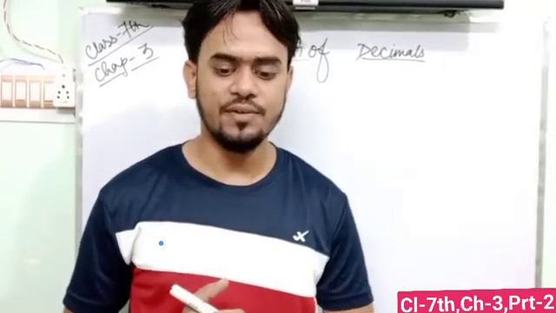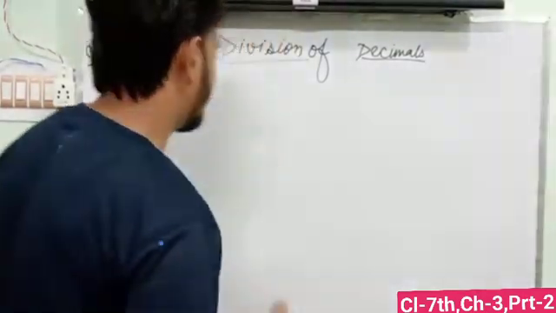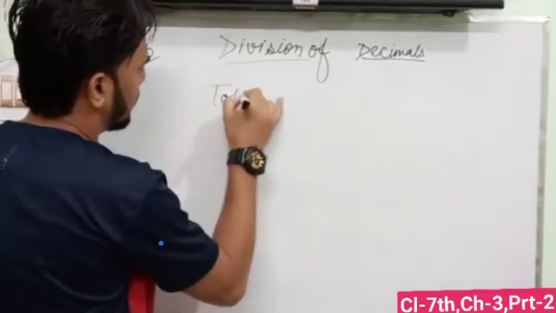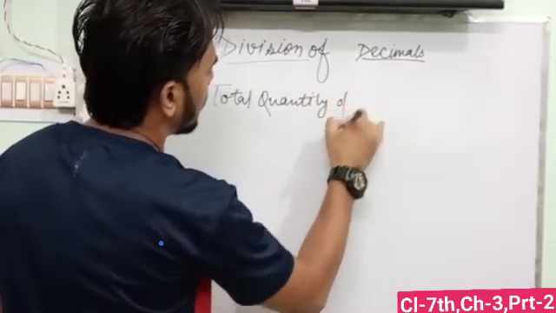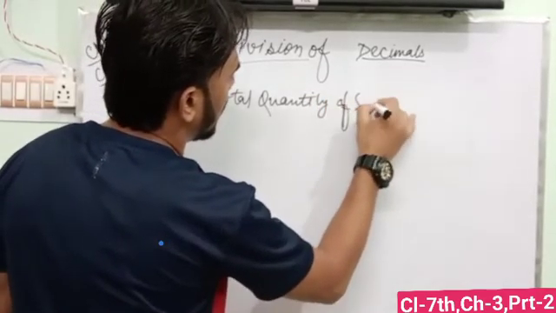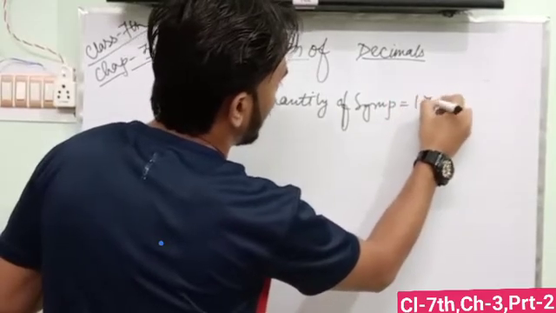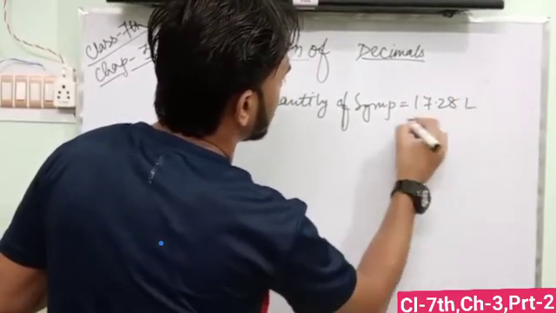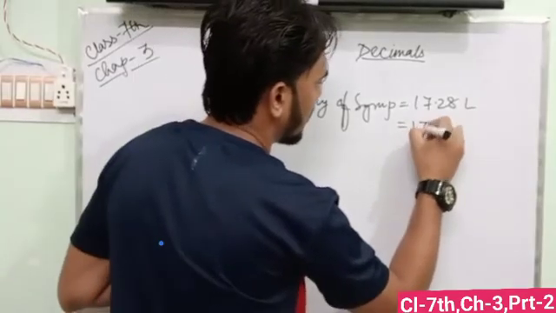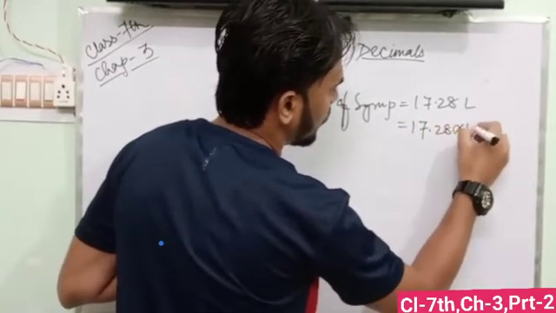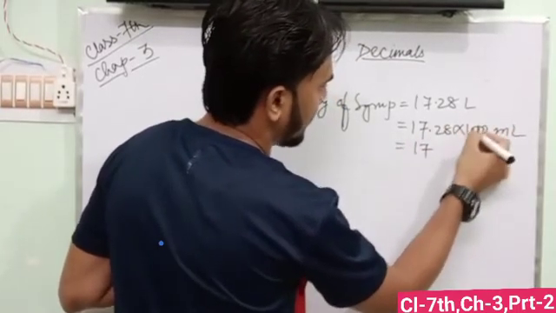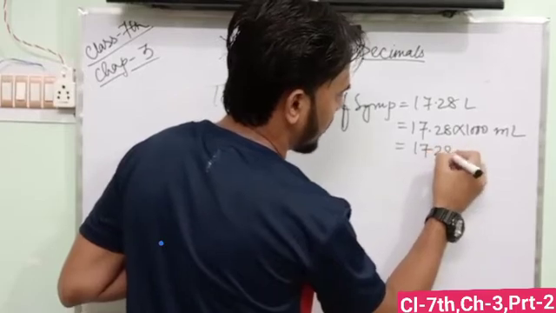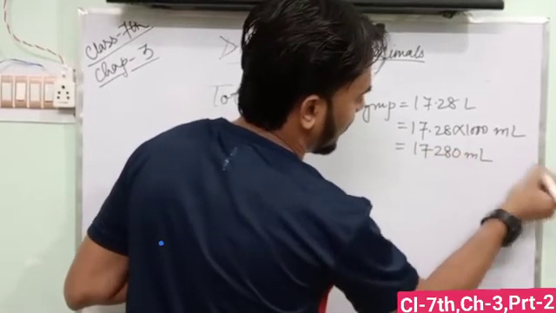So we have a total quantity of syrup equal to 17.28 liters. Change it into milliliters: 17.28 into 1000 milliliters. That means the decimal is shifted by 3 places, so 17280 milliliters.